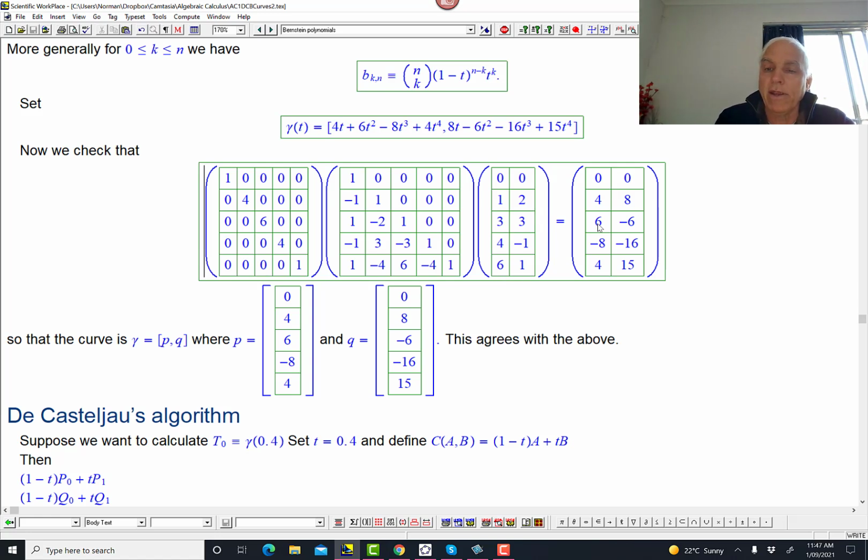And over here is the matrix which has down the columns the 2 polynomials thought of as polynumbers. We like to think of a polynomial as a polynumber, a vertical list. Here's the first one: 4t, 6t squared minus 8t cubed, 4t to the 4th. And here's the second one: 8t minus 6t squared minus 16t cubed plus 15t to the 4th.